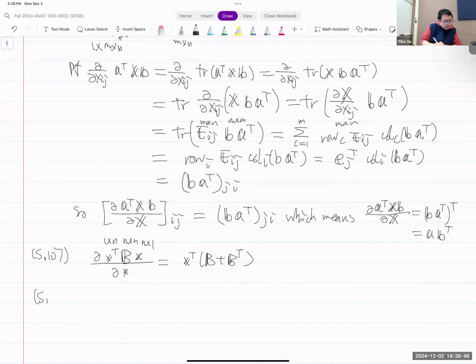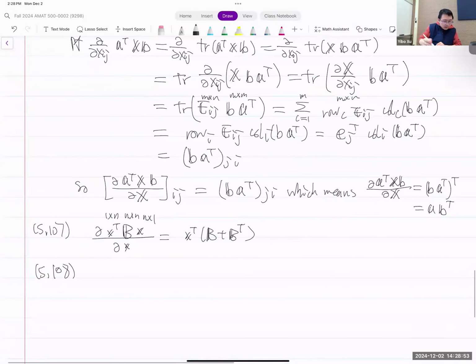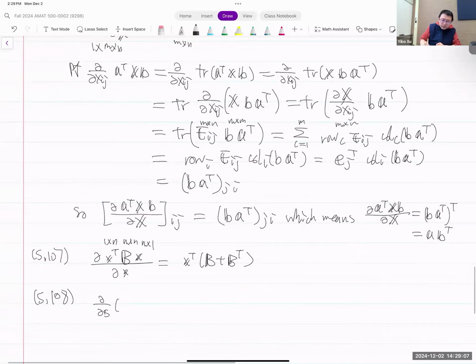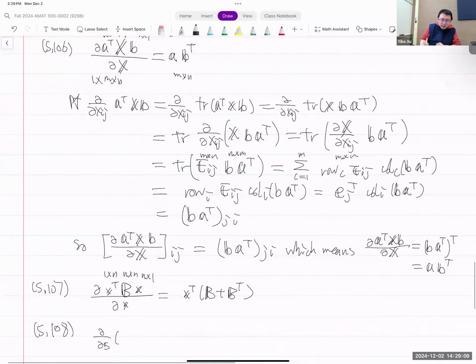And 5.108, it's a really similar result. So now this is a vector x, but now let's say my argument is a little s. Okay, so same thing as before, just with the square matrix, right? A little bit different. The difference is the following. So that is a matrix in the middle. Here we're just doing the partial with respect to these.